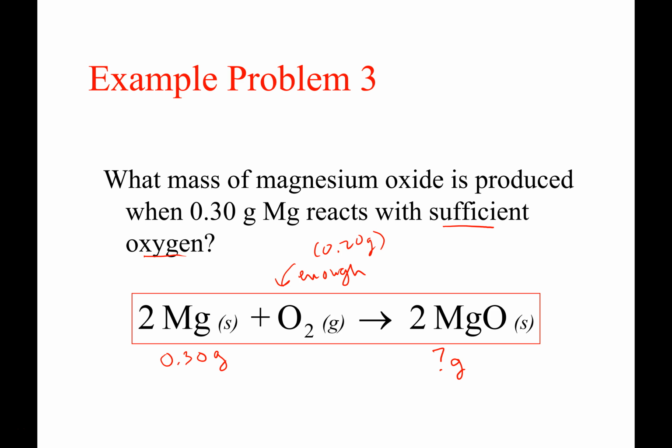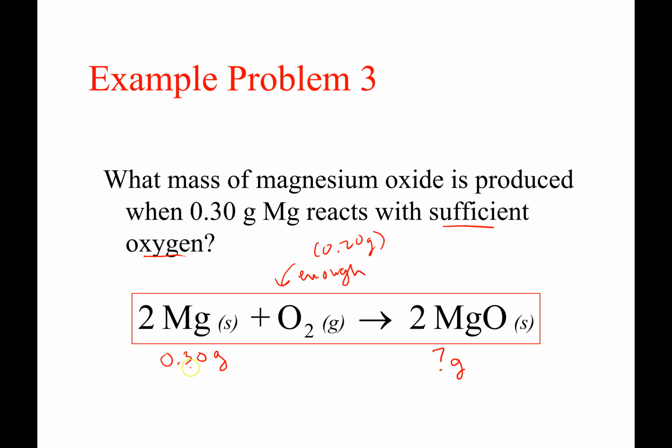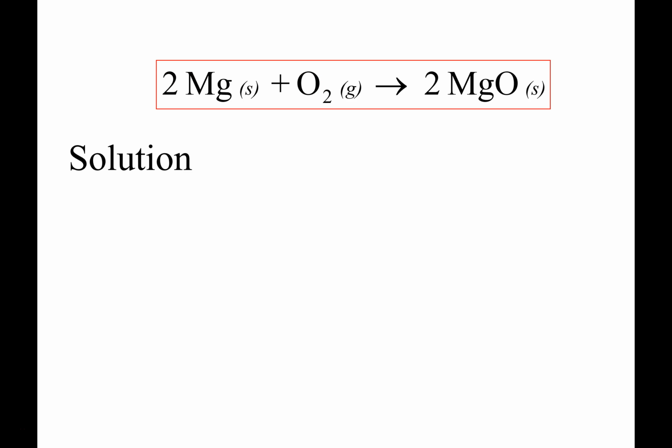So in this case, we're going to go from grams of magnesium to moles of magnesium. Then from moles of magnesium to moles of magnesium oxide. Then from moles of magnesium oxide to grams of magnesium oxide. It's like a little bucket. Okay, so here we go.